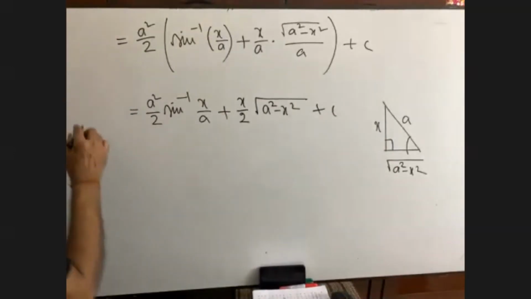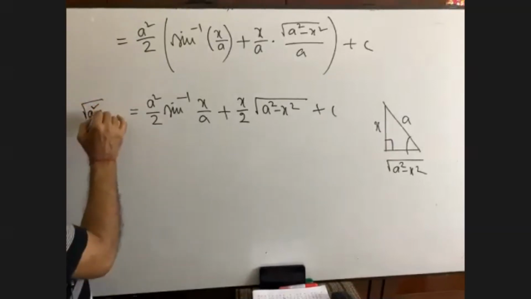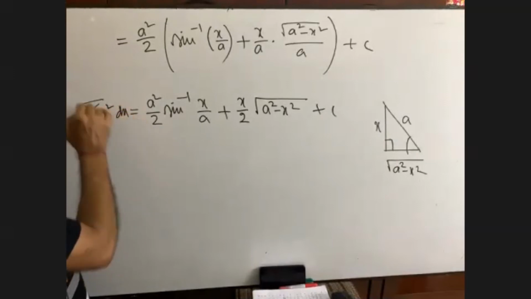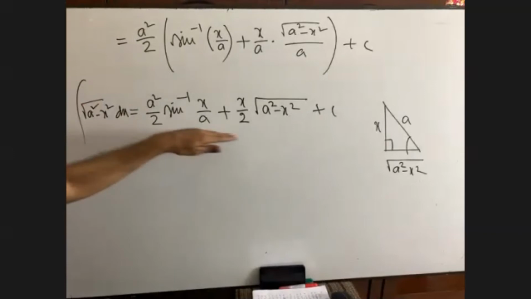It is the formula of root over a square minus x square dx. Its formula is this. It is the formula.